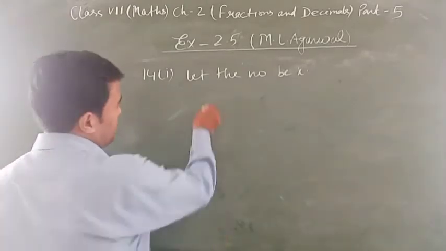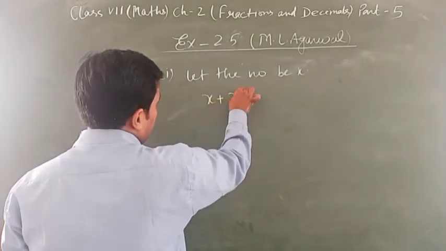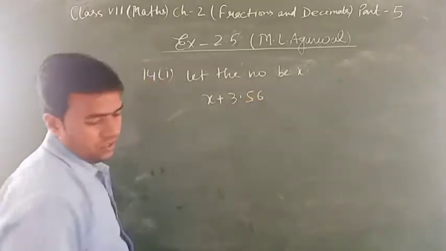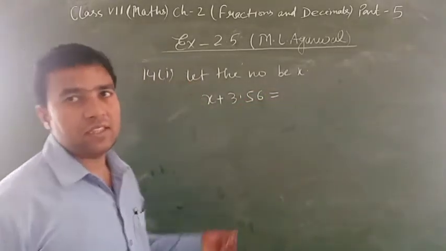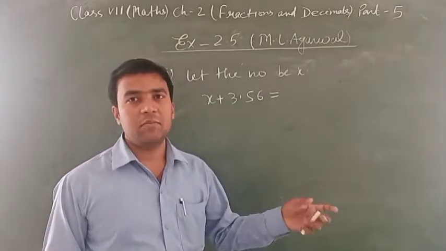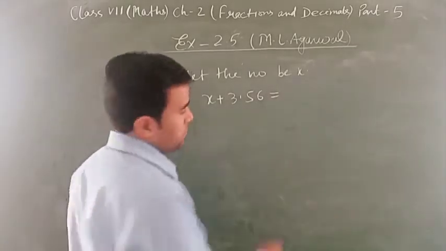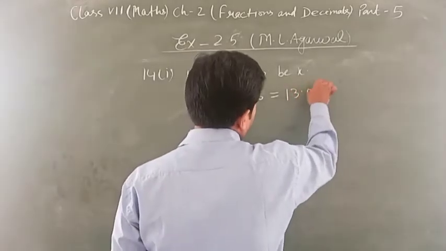Added means x plus 3.56. Gives means equal to. In mathematics, gives or gets means equal to. Clear? 13.016.